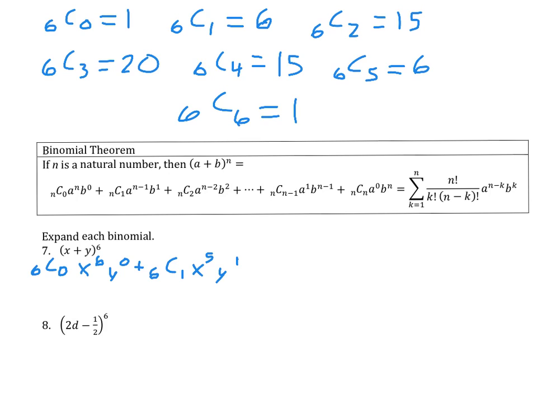Alright, notice that the number after the C, so now we go 6C2, the number after the C is the same as the exponent on the second letter. So we had 6C2, and then y's exponent was 2. When we did 6C1, y's exponent was 1. 6C3, x to the 3rd, y to the 3rd.